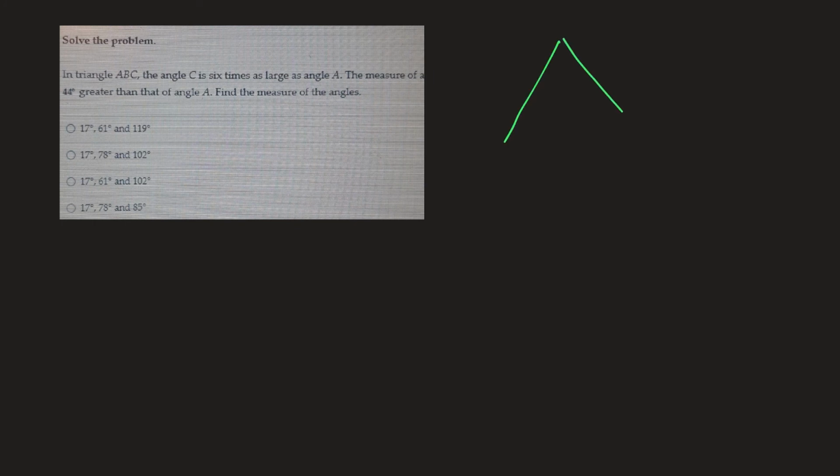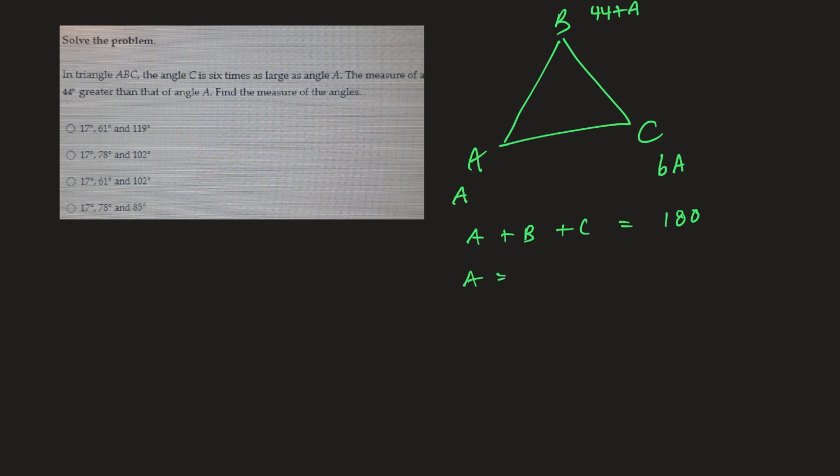So the triangle question. I have a triangle ABC, and they say that angle C is 6 times as large as A. So C would be 6 times A. And they say B is 44 greater than A. So B is 44 plus A. And A would just be plain A. But I know that all the angles of a triangle must add up to 180.